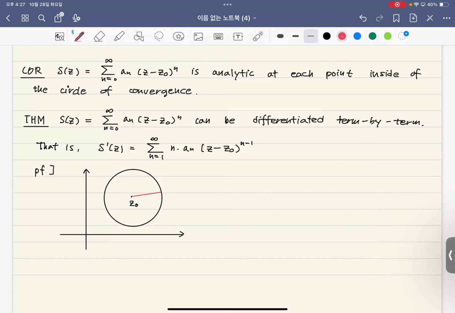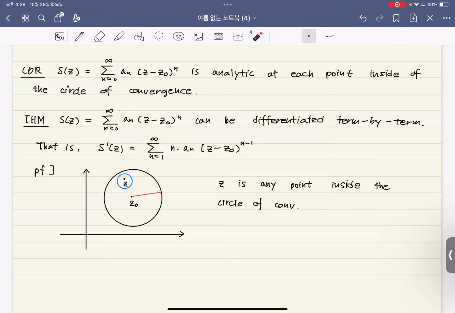Just choose any random point inside the circle of convergence, and take a small closed curve around it.